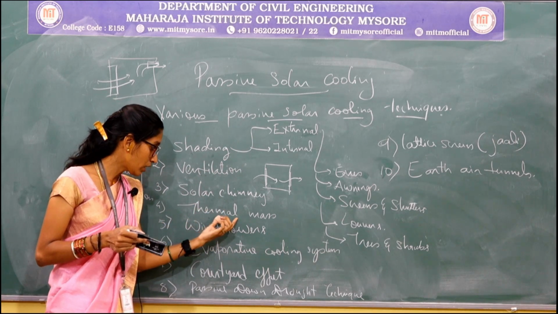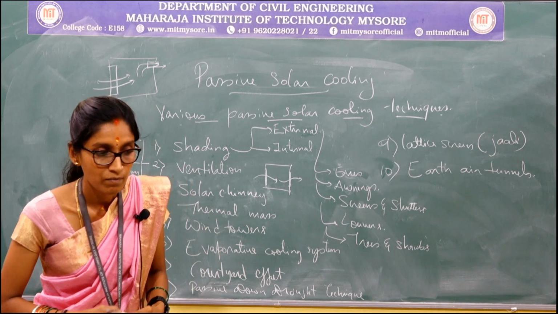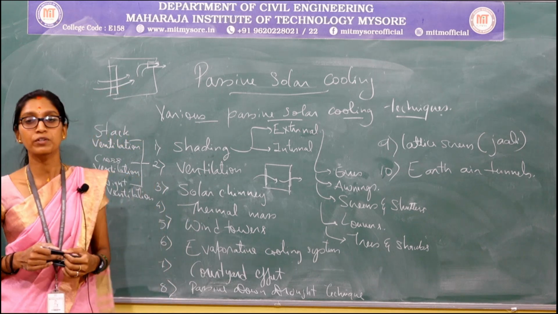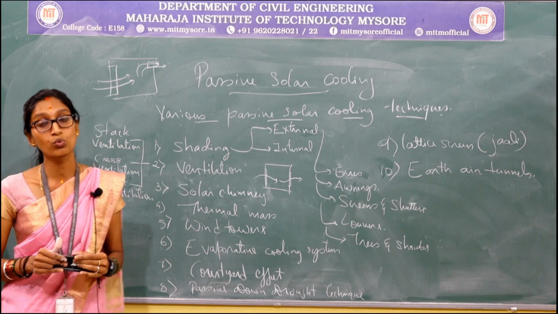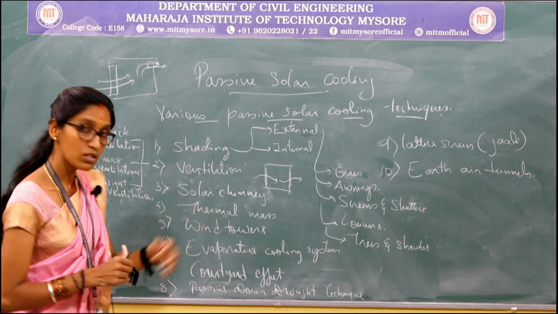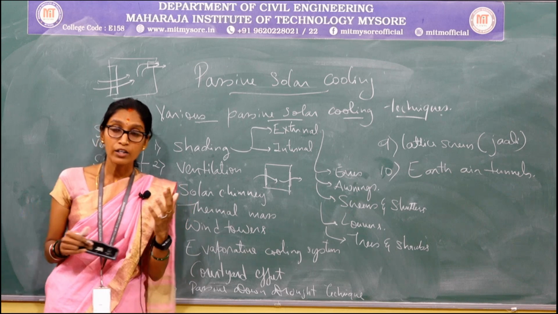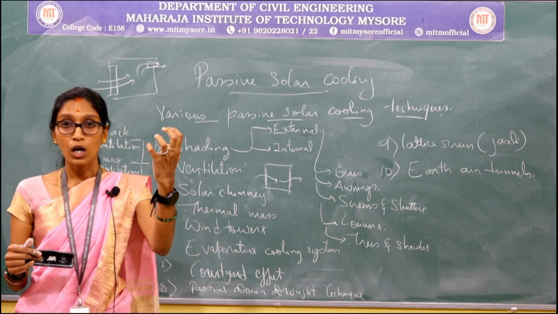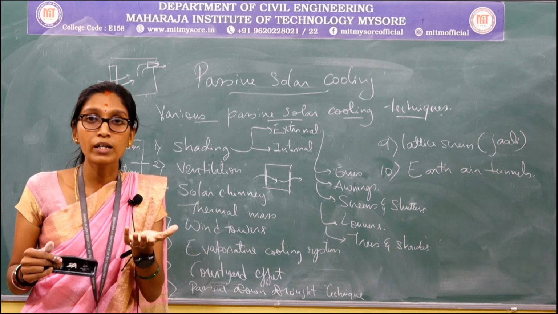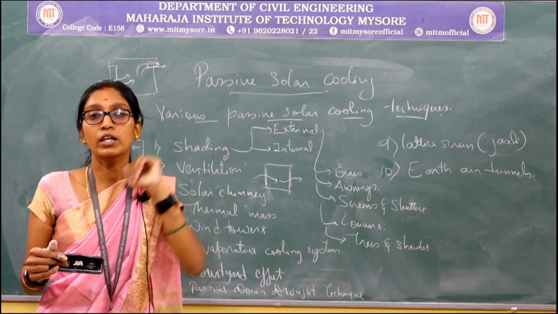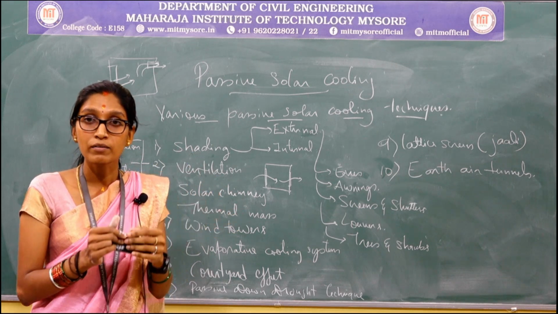So, the next one is your thermal mass. Yes, it is a very good question. How does this thermal mass cool a system, when thermal masses are utilized in order to absorb the solar heat, store the solar heat and radiate the same whenever it is required, when the temperature in a building goes down?